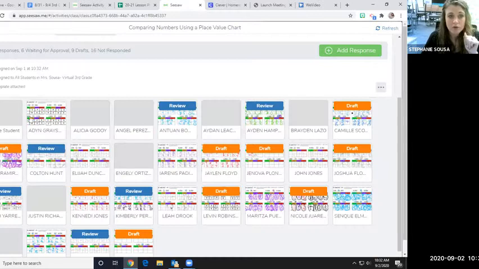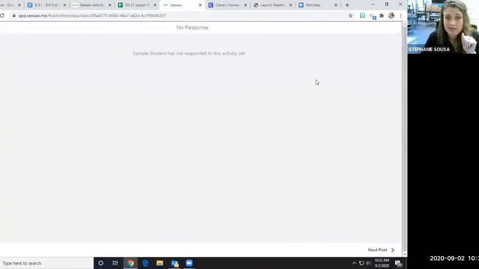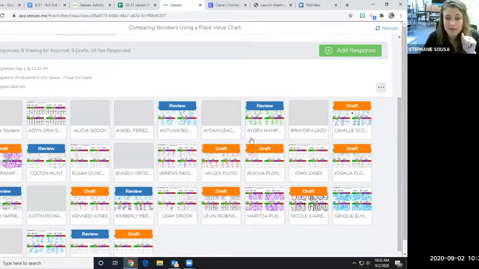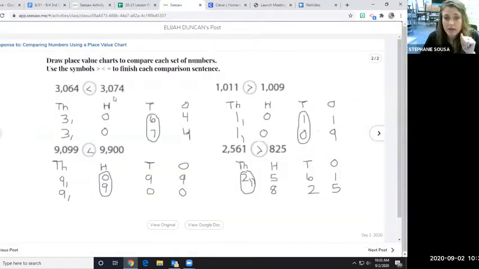A lot of you turned in this work without drawing those second place value boxes. So your work needs to have a place value box created. Here's another example. Elijah created the thousands, the hundreds, the tens, and the ones. So if you got this work back, I sent it back to you because you didn't create this, and it's right here in the directions.